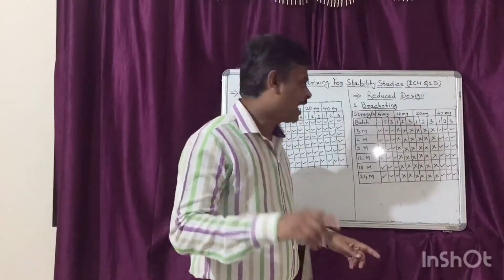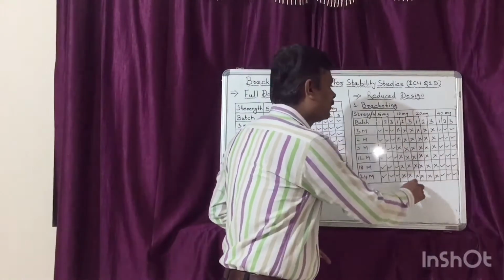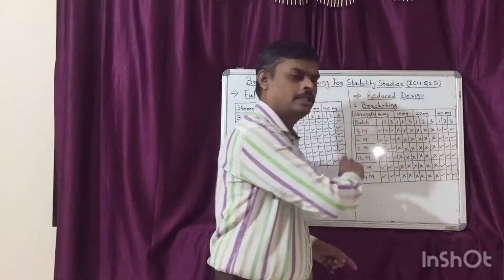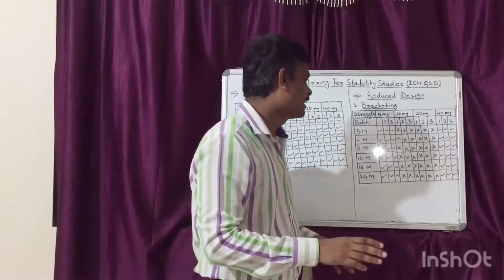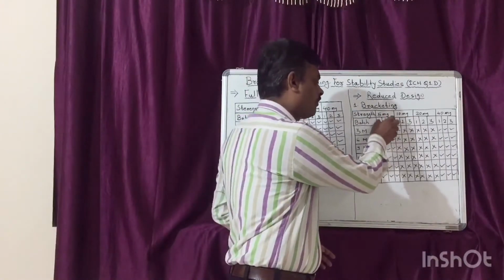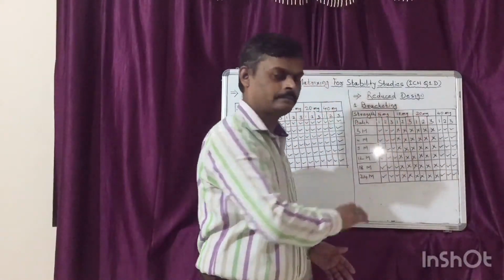Here the stability of this intermediate level, that is 10 mg and 20 mg, will be represented by the stability of 5 mg and 40 mg.